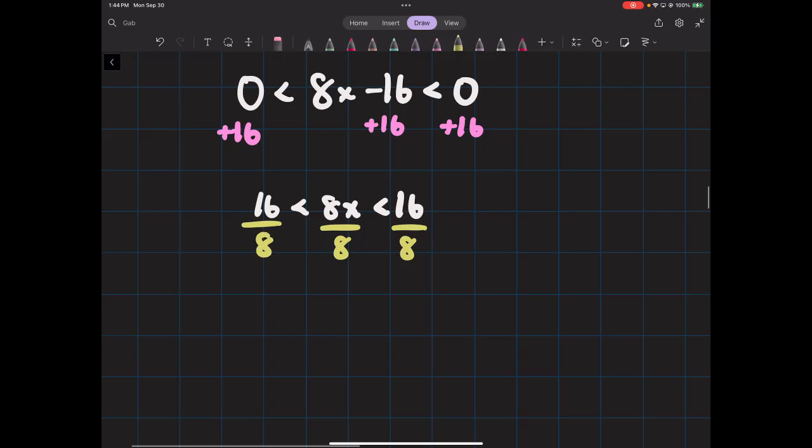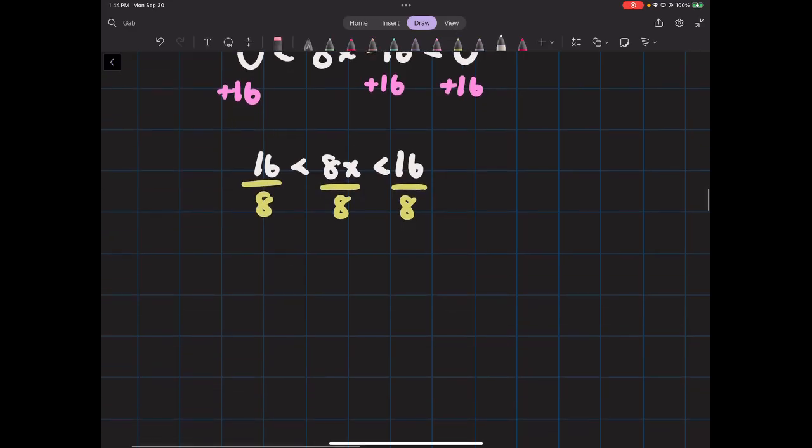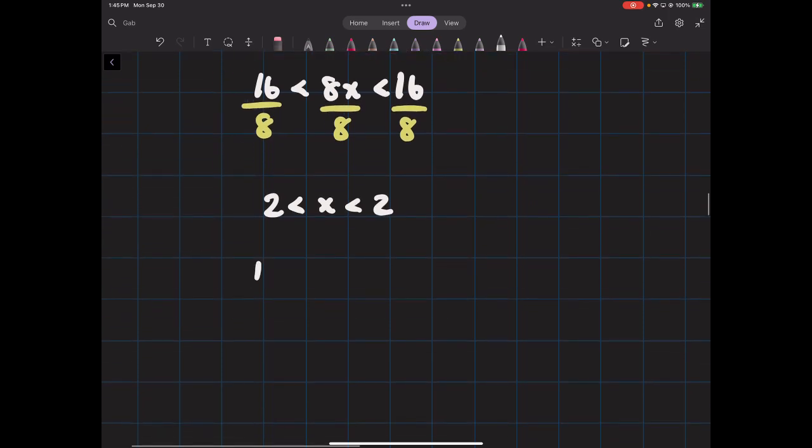Okay, let's see if that makes anything look better. 2 less than x less than 2. Does that help? No, it says x, which is the number, right, is in between 2 and 2. So again, can you be in between a number? So what would you say here? No solution.